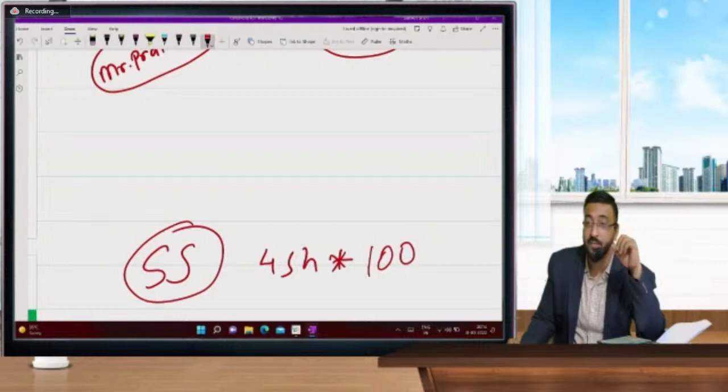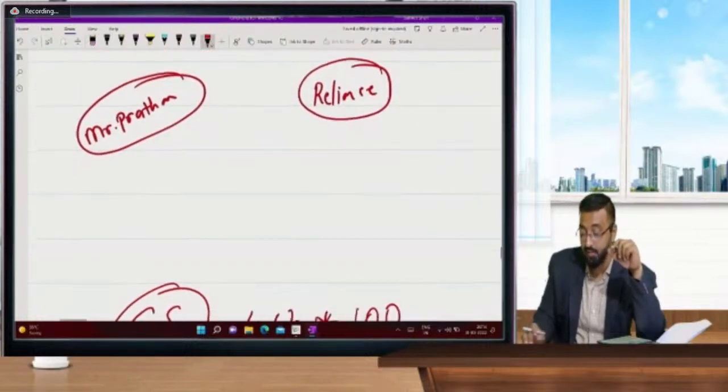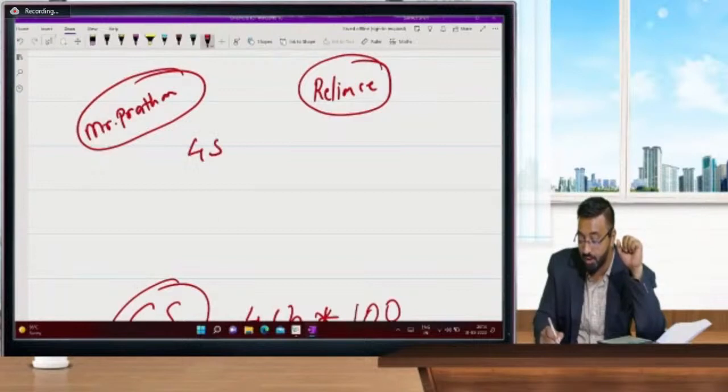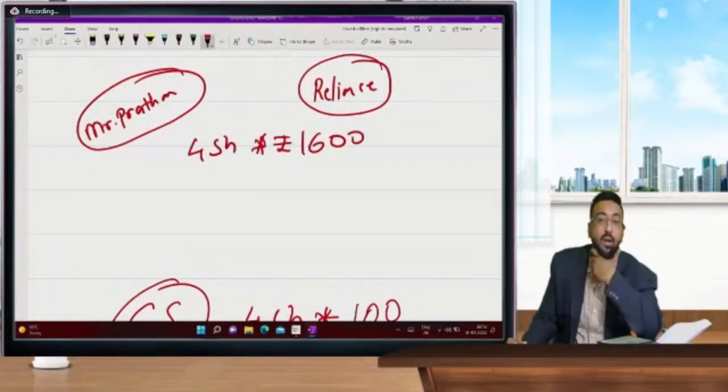But Mr. Pratham is a greedy person. He got the news that Reliance company is going to issue rights shares. Now Pratham, as you are aware, is a greedy person. He bought this share at rupees 1600.